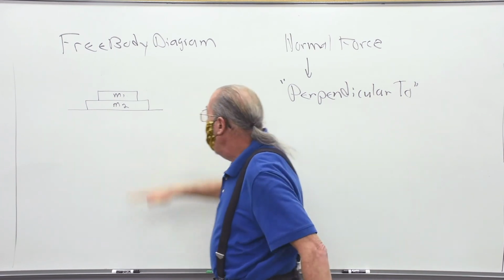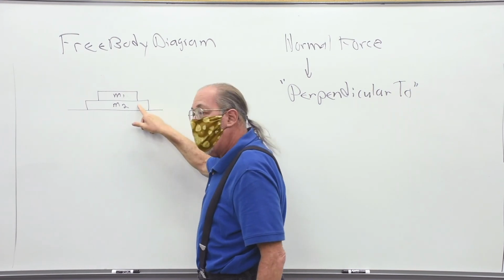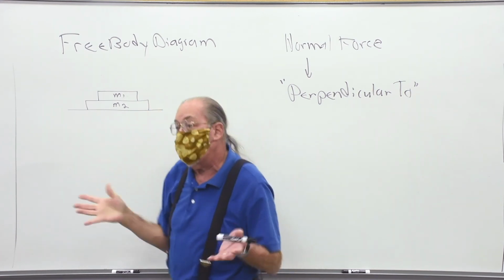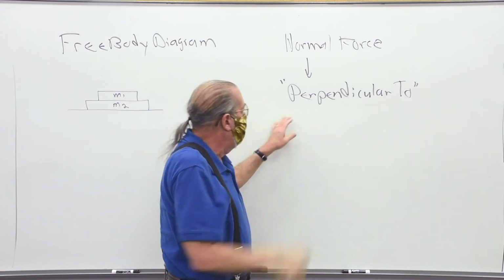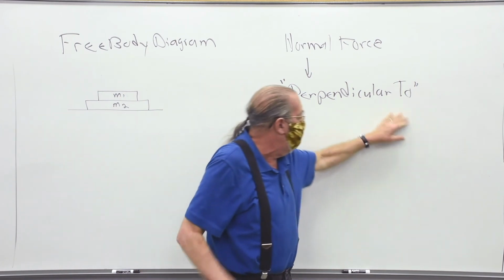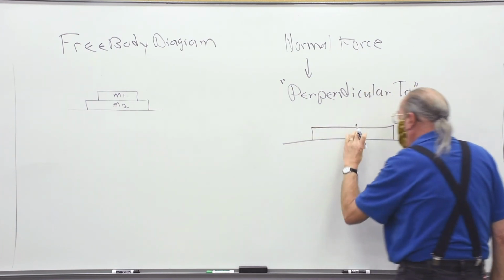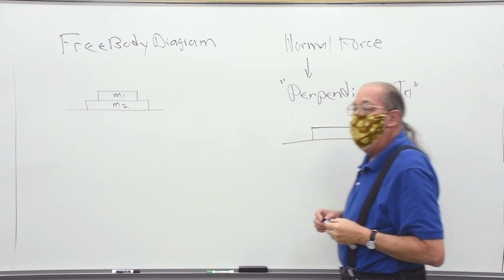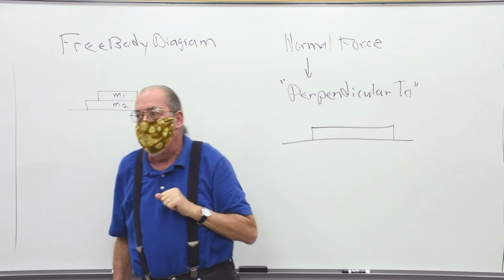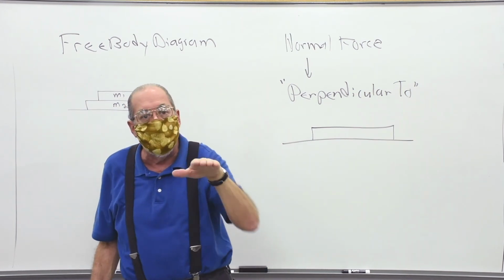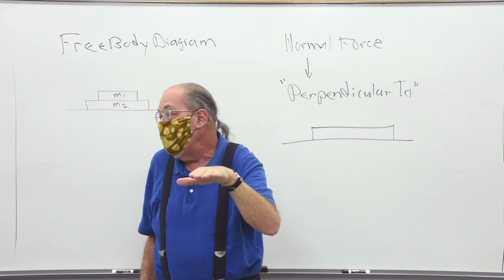It's one thing to say, we've got a book and we've got a calculator sitting on top of the book. It's another to take those same things, put them in an elevator, and accelerate the elevator. The problem changes. By the way, while I'm thinking of it, when we were talking about the normal force, if we have two objects and we want the normal force, if you put a scale in between the two objects, the scale will read the normal force.